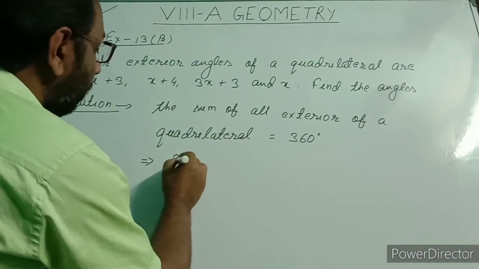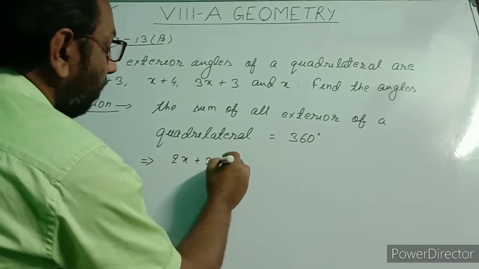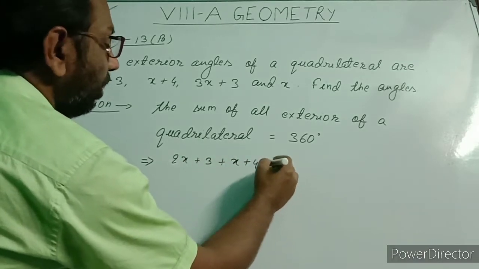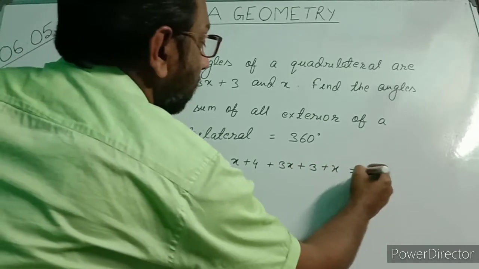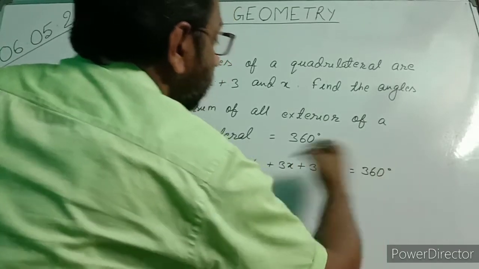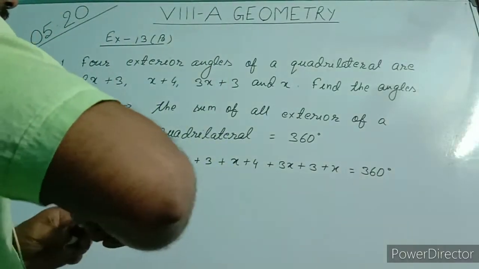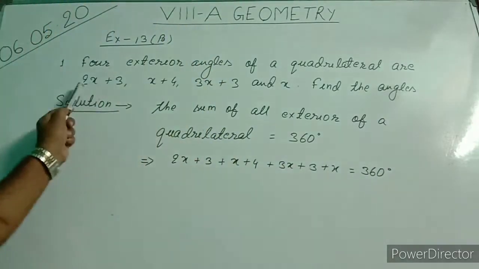In this way we can write 2x plus 3 plus x plus 4 plus 3x plus 3 plus x equal to 360 degree. These are coming from the given question.